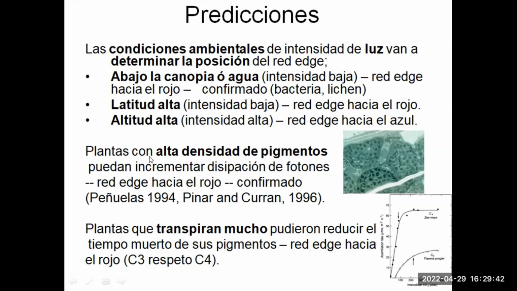Now, if we also have plants with a higher density of pigments, remember we assumed that we had a finite size of these pigments and a finite density within a given area, or areal density, of pigments, due to their finite size and due to the fact that we need water, we need some kind of support structure.